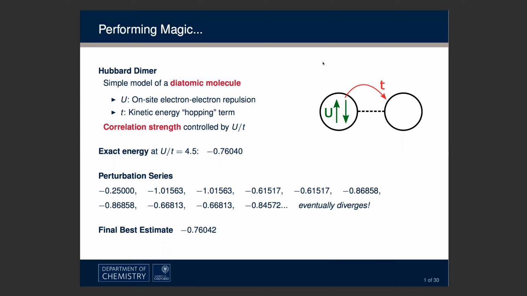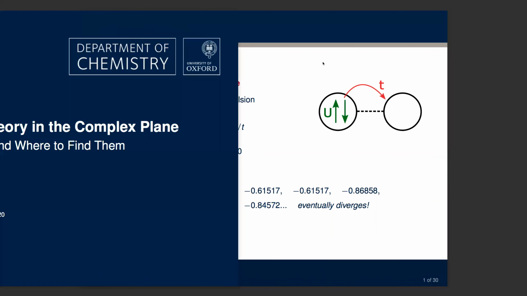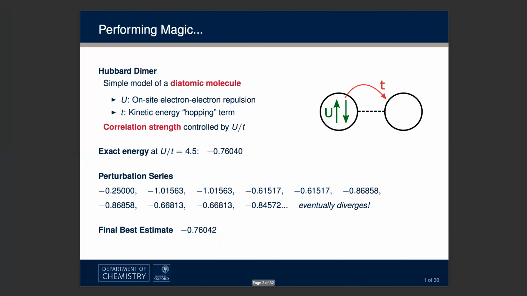So the on-site repulsion is a two electron interaction, and the kinetic energy is really a one electron interaction. The ratio of these two parameters is our correlation strength, U over T.